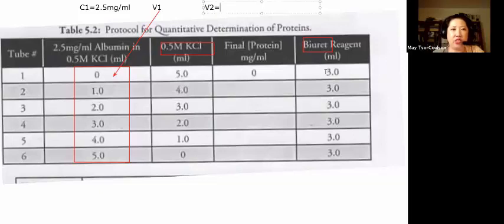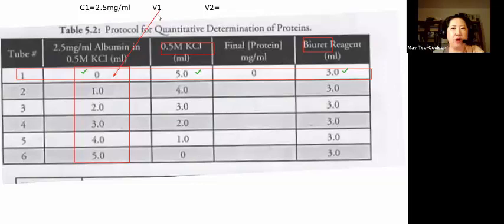In this case, for tube number 1, the total volume is 8 milliliters because we added 0 milliliters of albumin, 5 milliliters of our potassium chloride, and 5 milliliters of Biuret reagent.